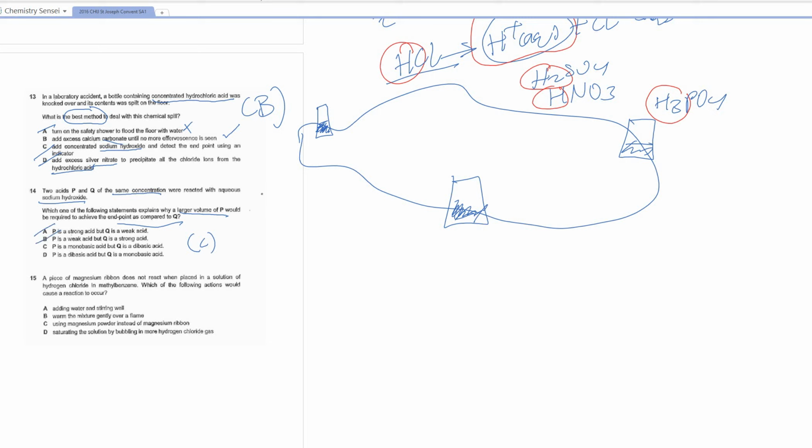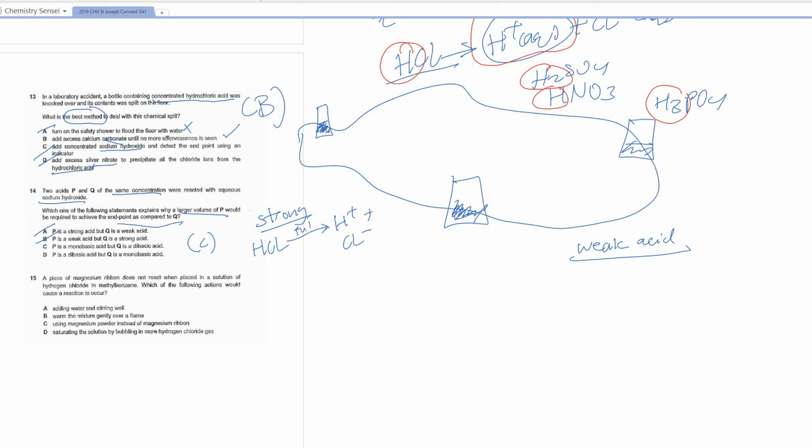So let's take a look at the meaning of strong acid and weak acid. A strong acid like HCl dissociates fully to form H plus and Cl minus.